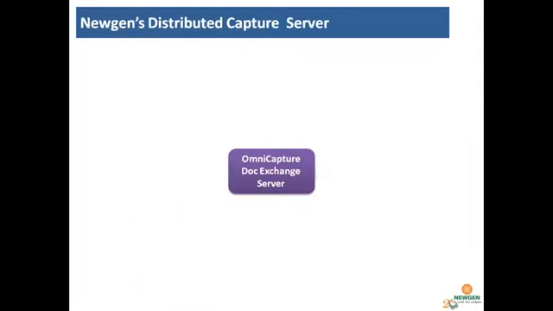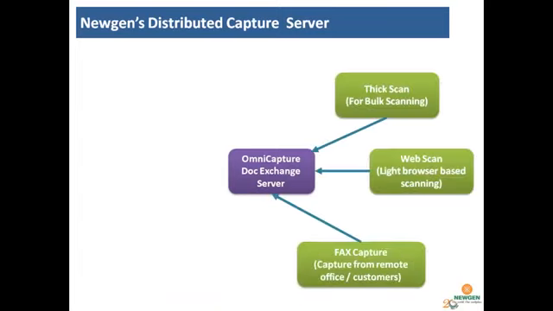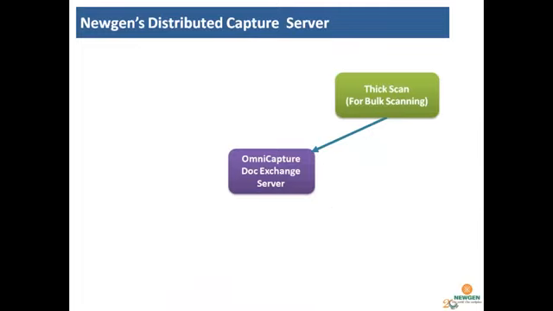So now, how will it happen? We have, or we can say that the technology is a document exchange server. So this is for bulk scanning, thick scanning, desktop based scanning can happen.